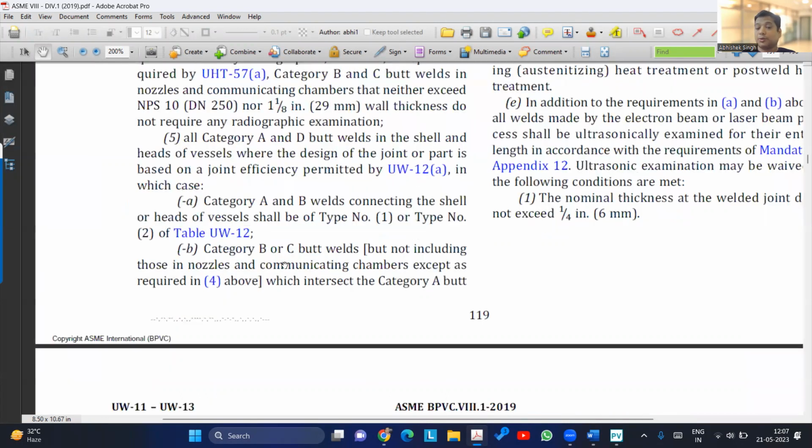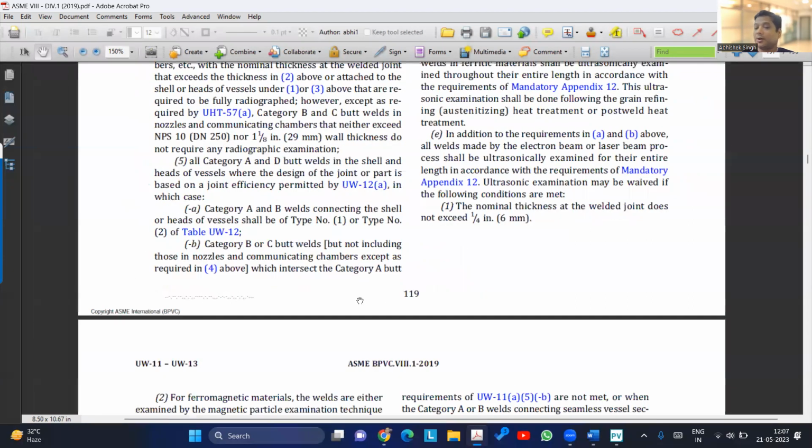Yes, but all are butt welds because in joint efficiency, we always consider butt welds. Other than that, the type itself will not have meaning. So category B or C butt welds which intersect with category A. Category B typically will intersect with A, right? Because long seams will intersect with circumferential seams for the shell.